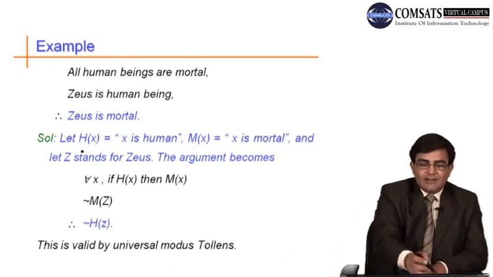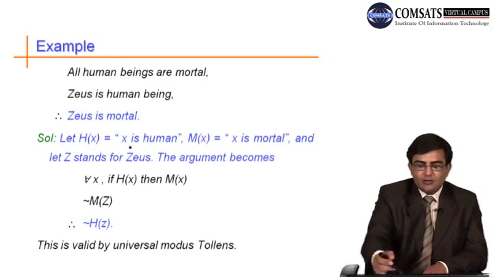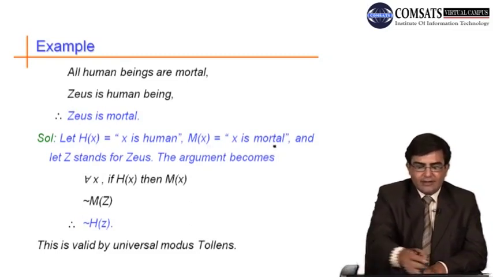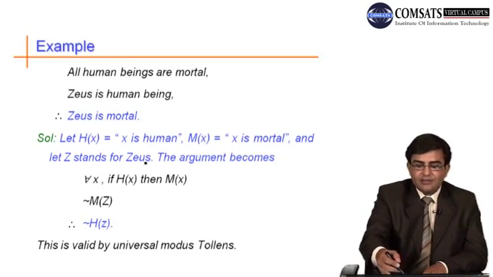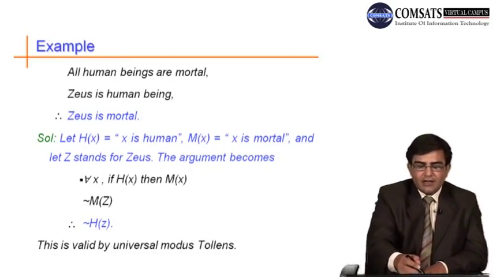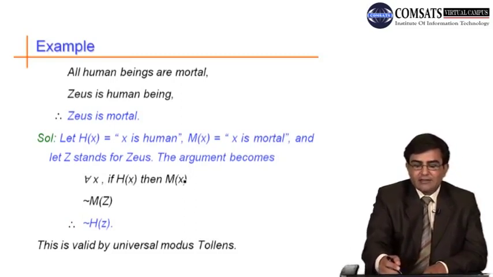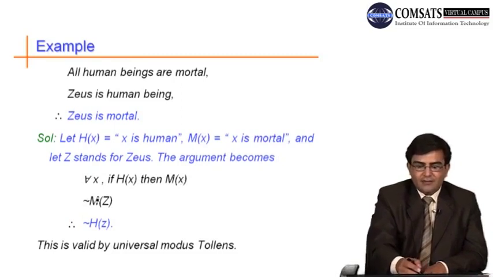But if we write it like this: h of x, x is a human; m of x, x is mortal; and let z stand for Zeus. The argument becomes: for all x, if h of x, then m of x, and not m of z.